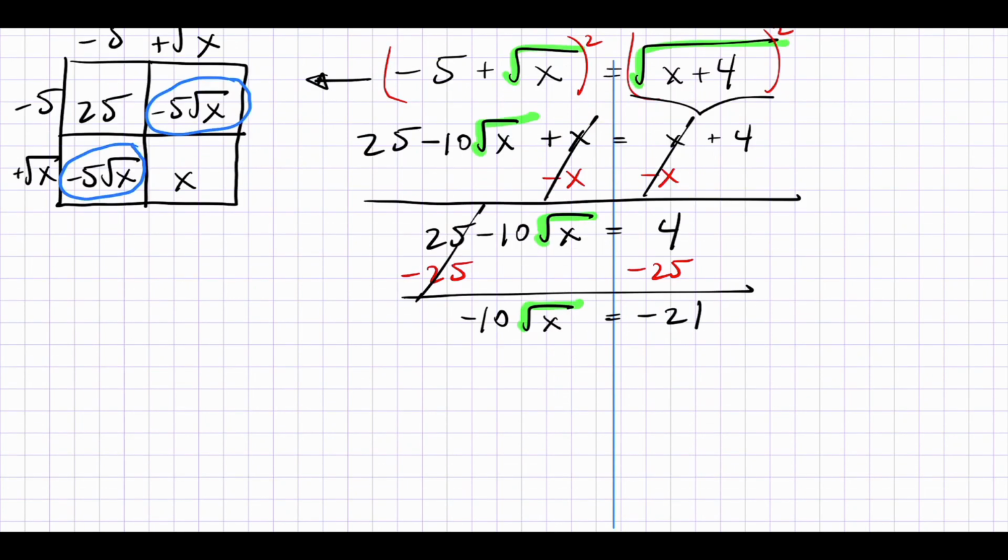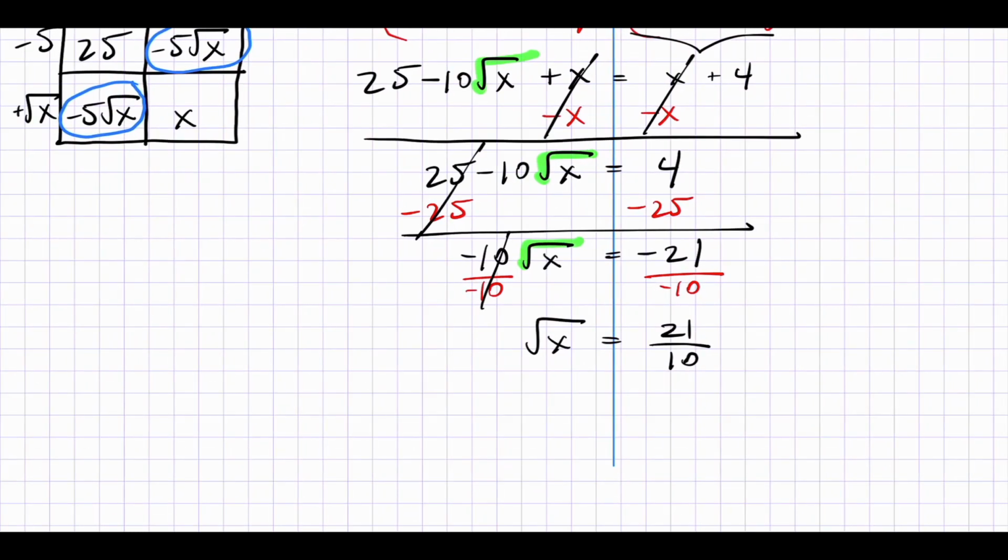Last step is I've got to divide by negative 10. Negative divided by negative makes a positive over a positive. 21 over 10. I don't think you can reduce that fraction. Nothing goes into both besides 1.